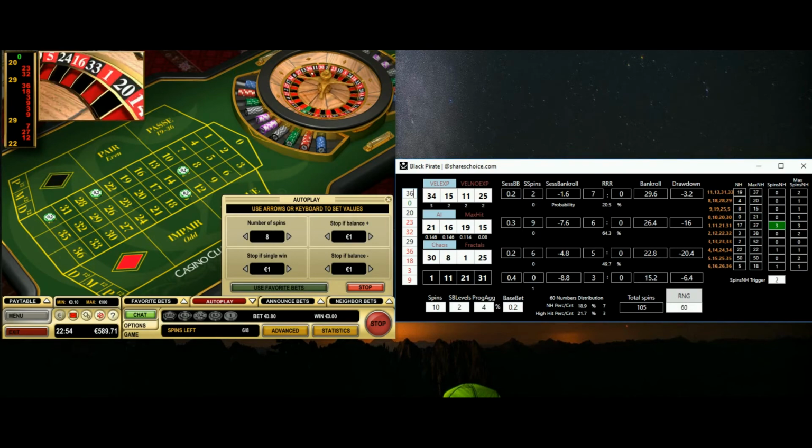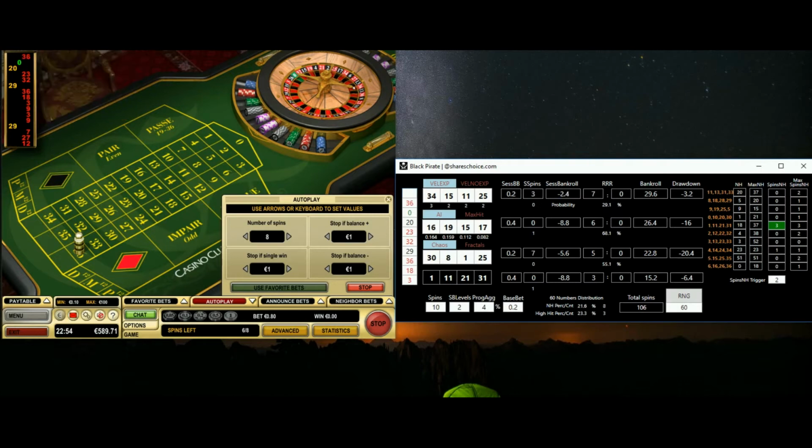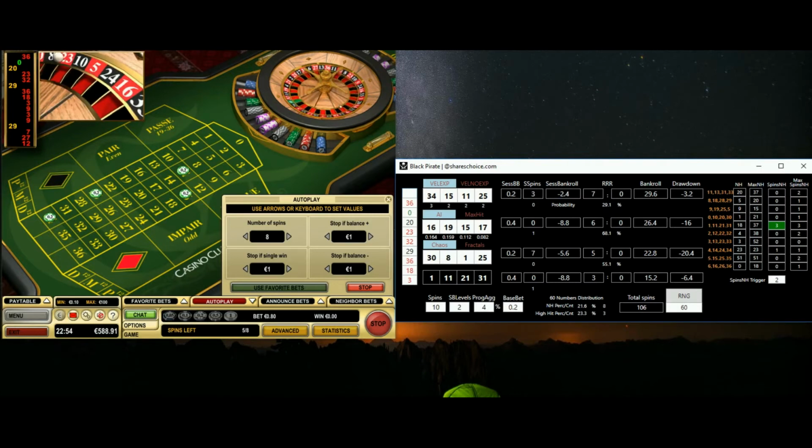For example, I was running 100,000 random spins just like a test, and it really happened that these four numbers, for example 1, 11, 21, 31, didn't come for 153 spins. It was the max number, and probably it happened only once, but really the maximum was 153 spins.